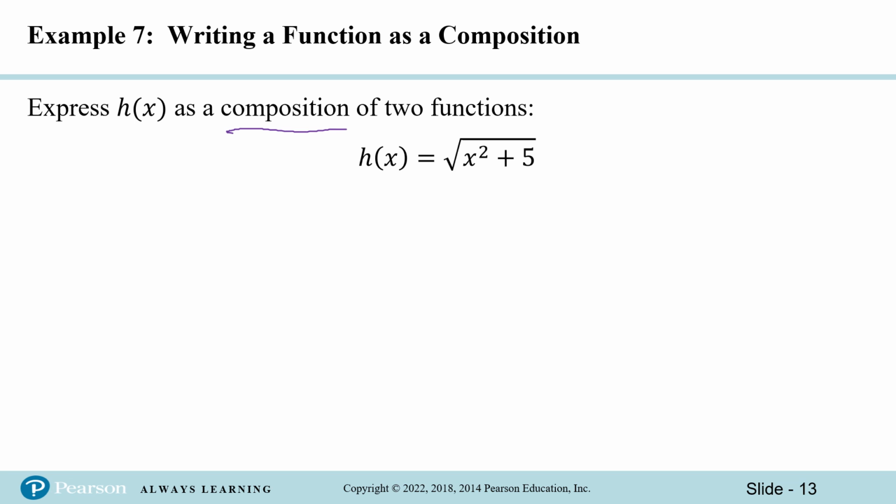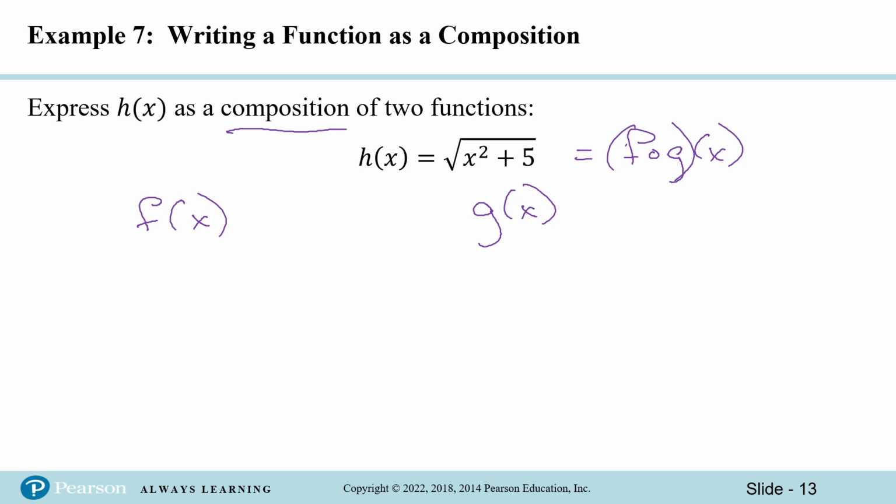So what they want us to do is separate it into two different functions, f and g, that would equal f composed with g. So we need an f function, and we need a g function. And the g function has to be inside the f function.